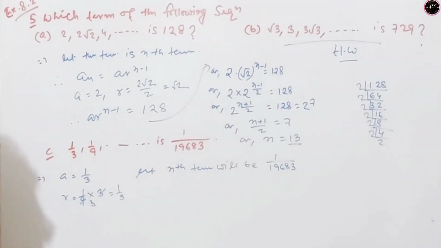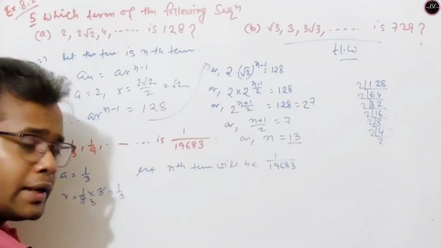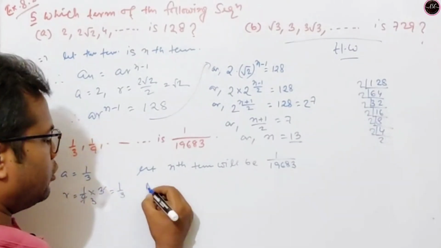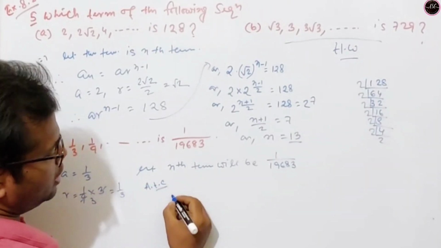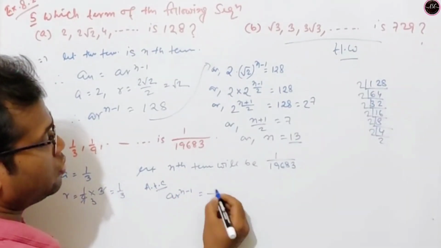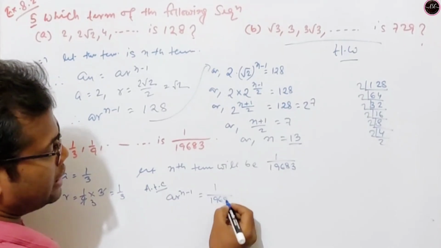Okay. So we know the formula of the nth term. That means according to the condition, ar^(n-1) is equal to 1 by 19683. Or here a = 1/3, r = 1/3, so (1/3)^n equal to 1 by 19683. Okay.